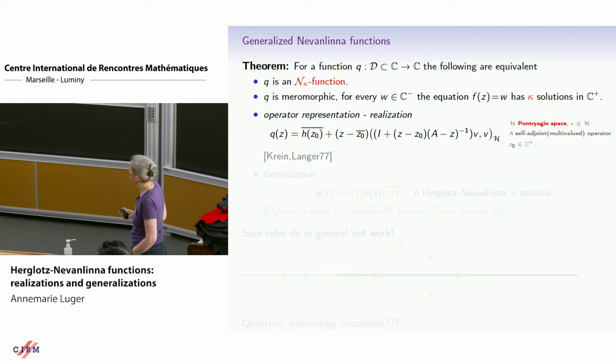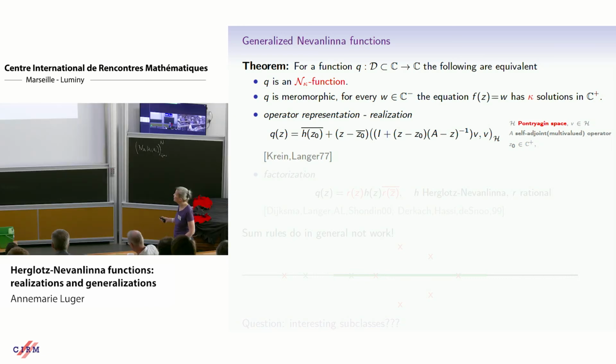This is equivalent to: q is meromorphic in the upper half plane. I forgot here, in the upper half plane. And for every point in the lower half plane, this equation has exactly kappa solutions in the upper half plane. Okay, so the only difference to before is that before there was no solution, now there are kappa solutions. And this is further equivalent to having again an operator representation. It looks exactly the same. The only difference is that the space is a different kind of space.